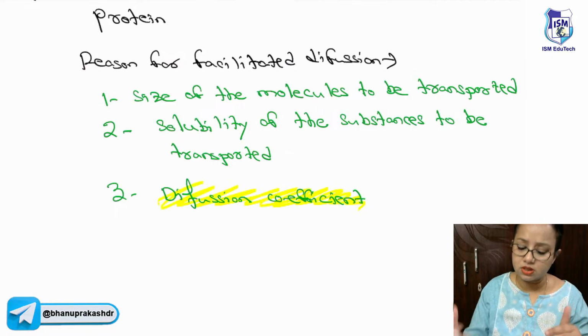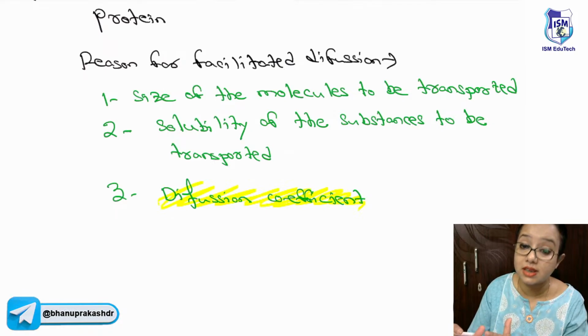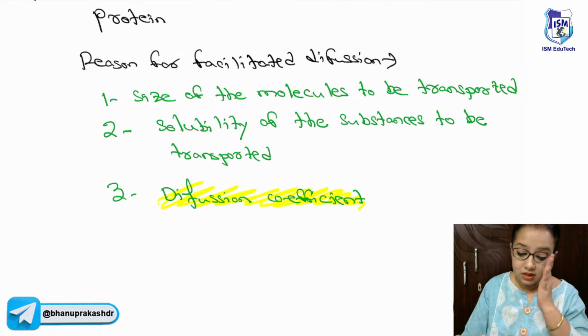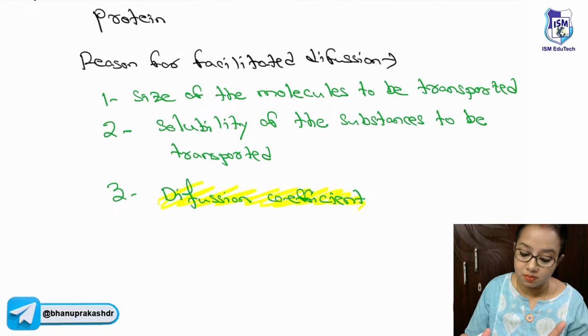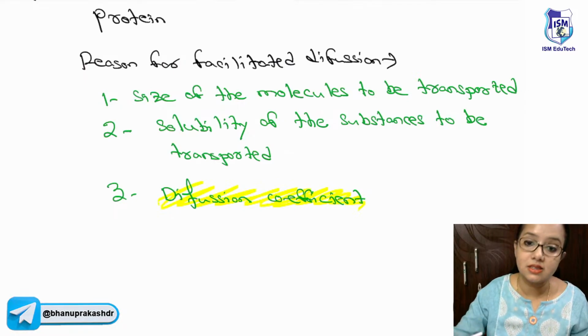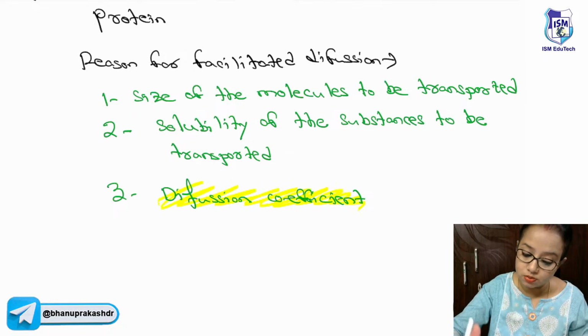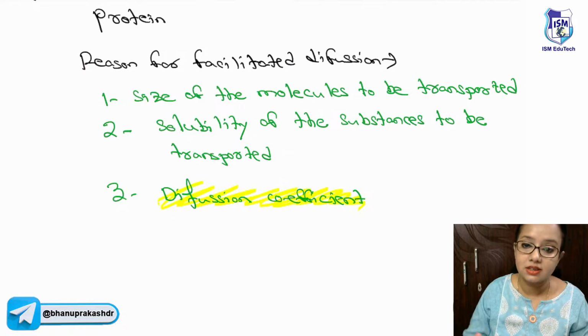Because diffusion coefficient mainly applies to substances which are gaseous in nature. But how does it indirectly apply to facilitated diffusion? Certain gaseous compounds also aid the solubility of important molecules that need to be transported across the membrane. So that way it relates.